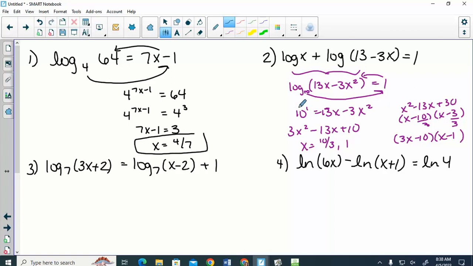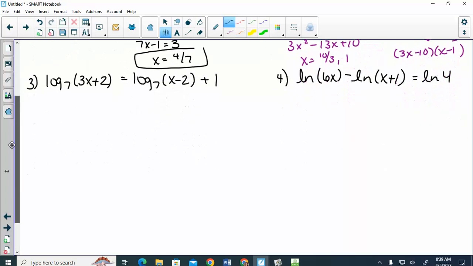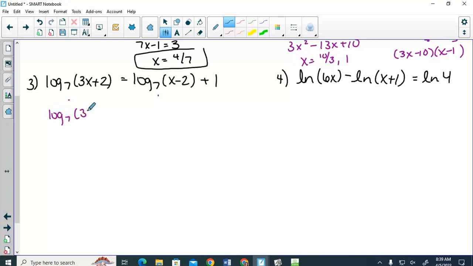Other questions? No. Number 3. These two are both logs, but this one isn't. So what do you do? I put all the logs on one side.